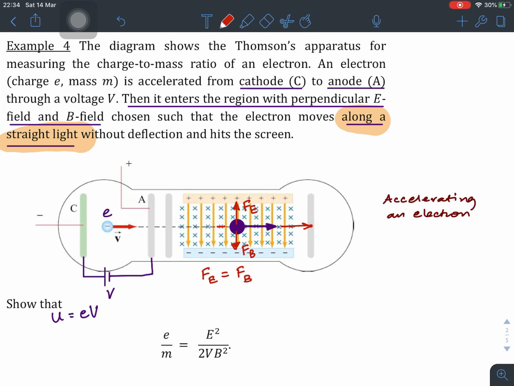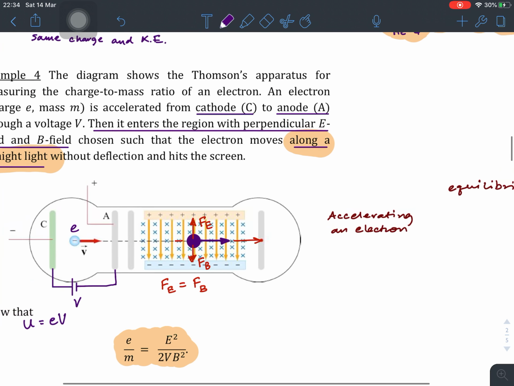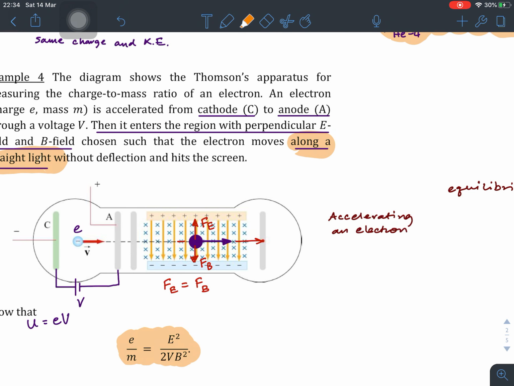They ask you to prove that the ratio between charge and mass, or e over m, can be written in this form.